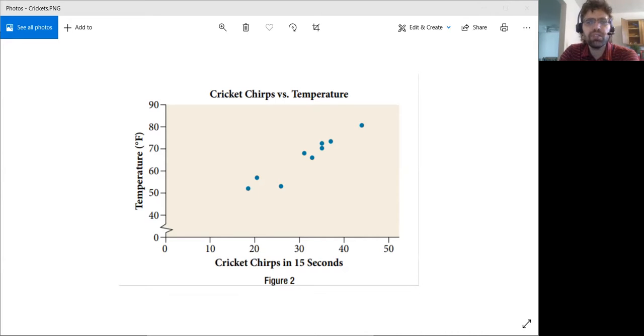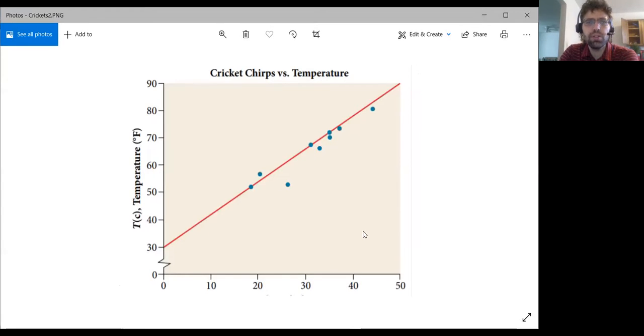But it is possible to draw a straight line that comes relatively close to passing through all these points. There are a few outliers. That point between 20 and 30 is a little ways away from the line, but the rest of the data comes close to the line.